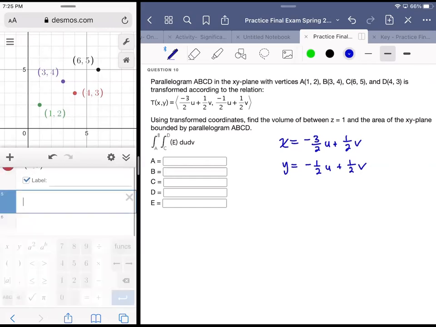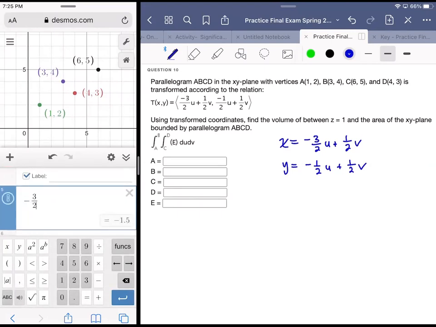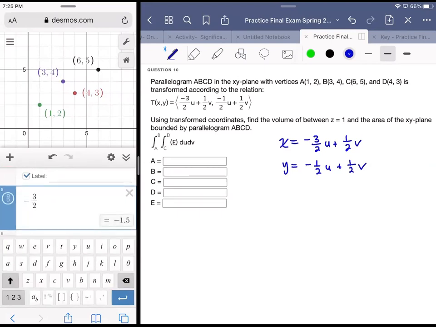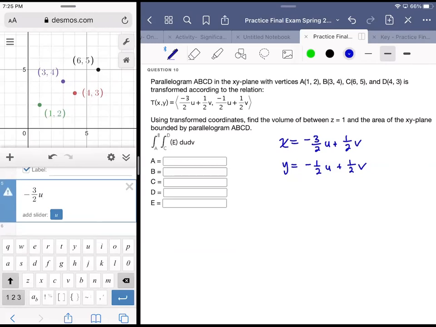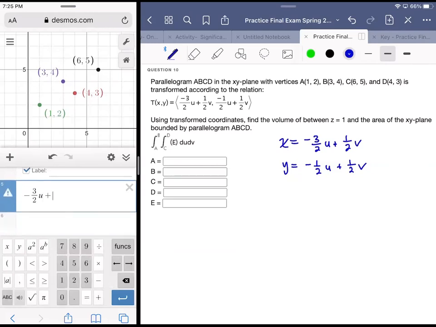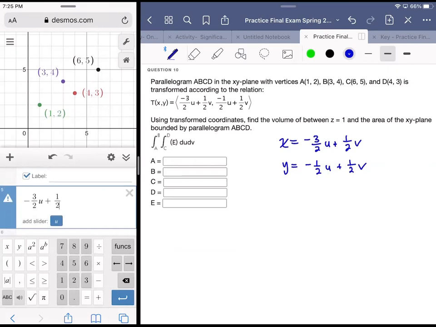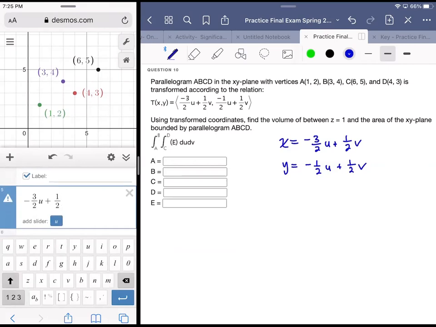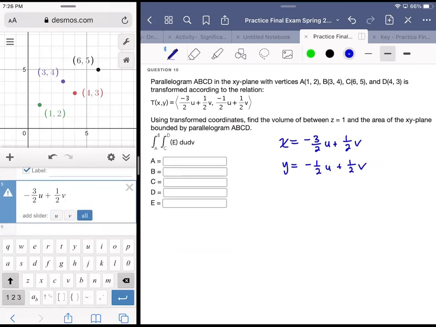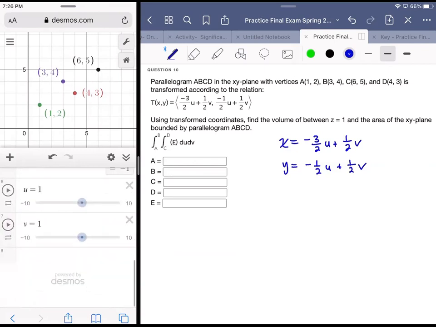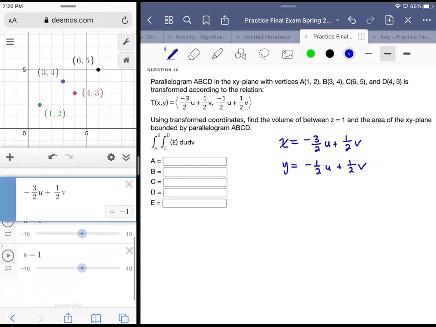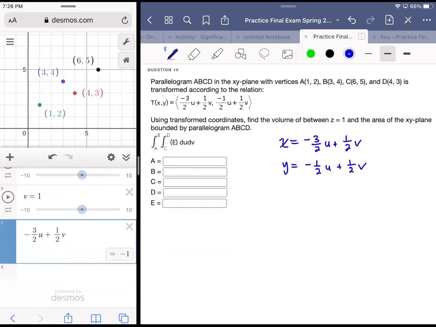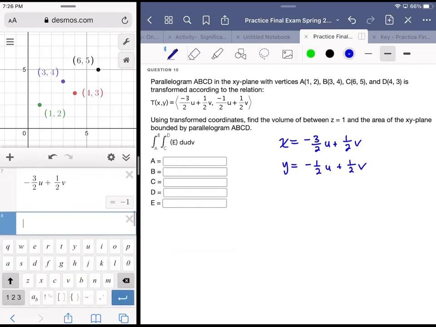All right. So what I like to do, as you've seen many times, is use sliders. So I'll use u and v. Bring this down. And then, so that'll be the x.